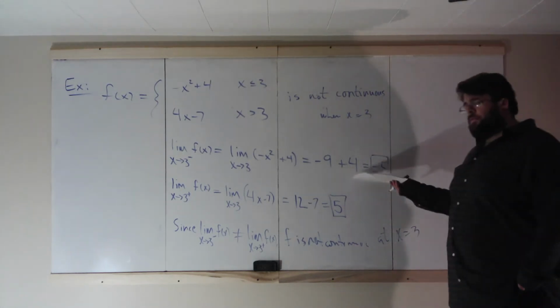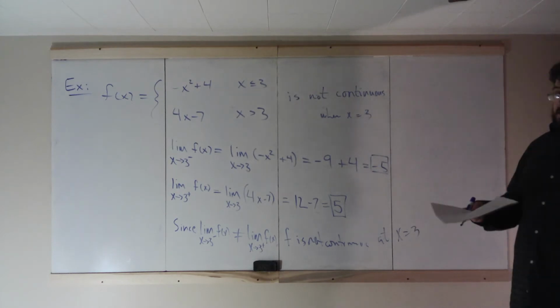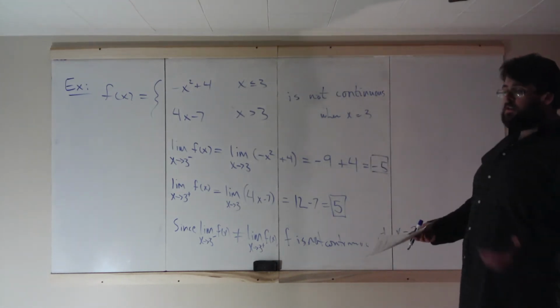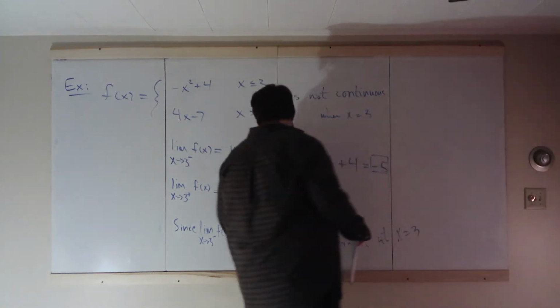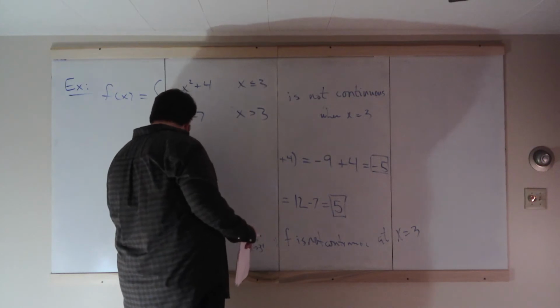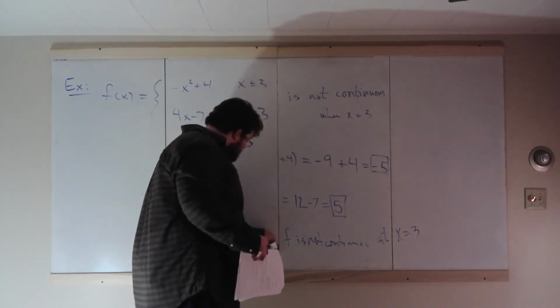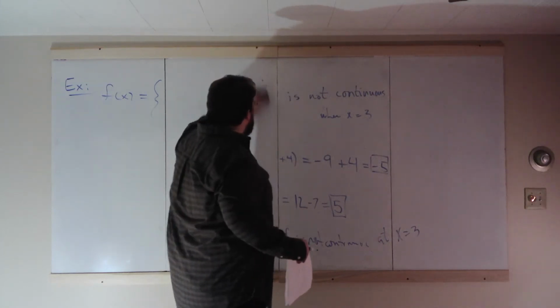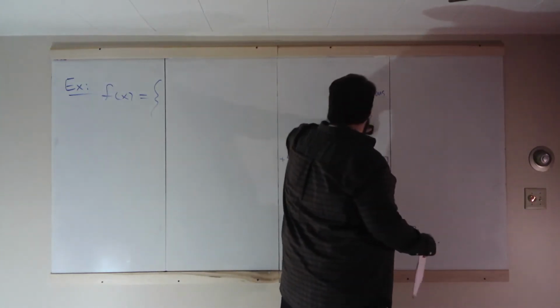So if we went through this and we got that these limits were the same, then we would be showing that it is continuous at 3. But we went through this, we got different numbers. 5 and negative 5 are not the same, last I checked. So the function is not continuous at 3.